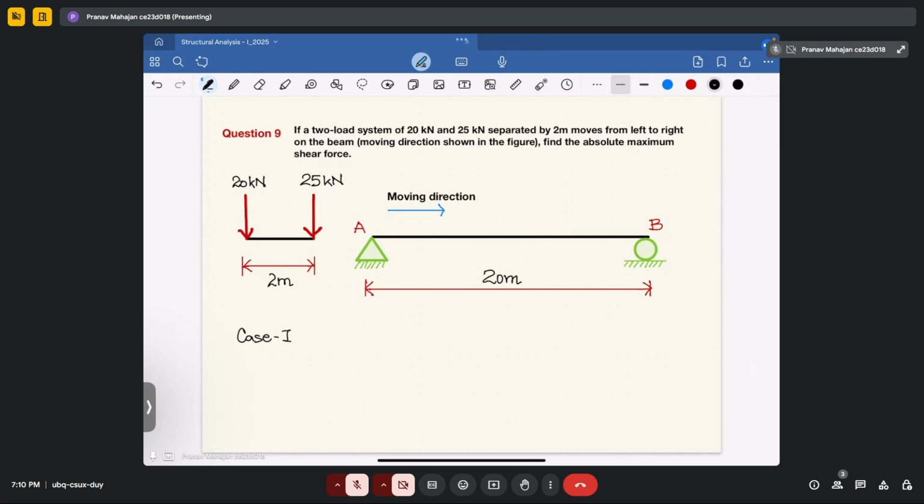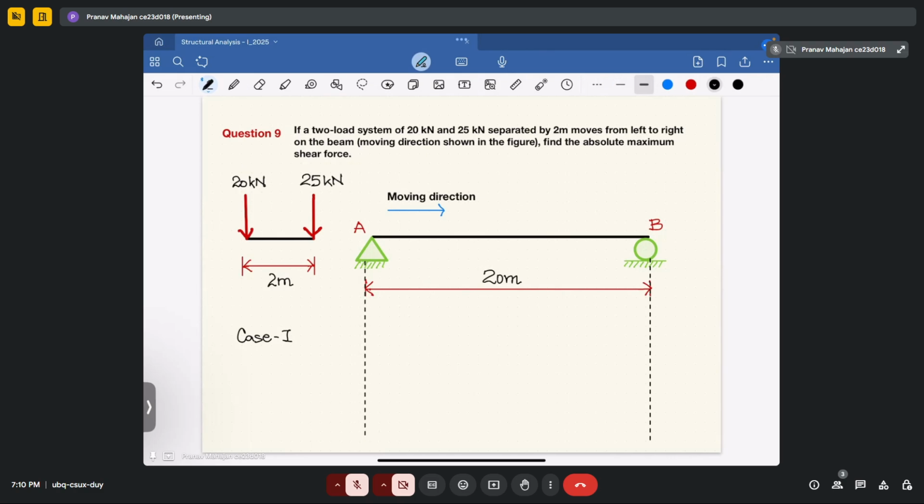I will draw the shear force diagram as we have previously drawn. So again, in this case, if I draw the shear force diagram, how it will look like. So if I am drawing the shear force diagram for the support A, what I will do, I will provide a unit displacement at point A. Fine.